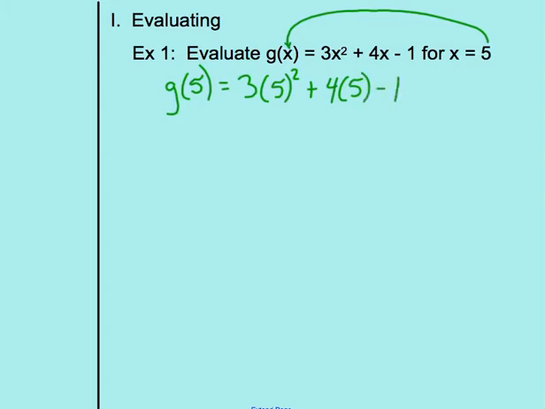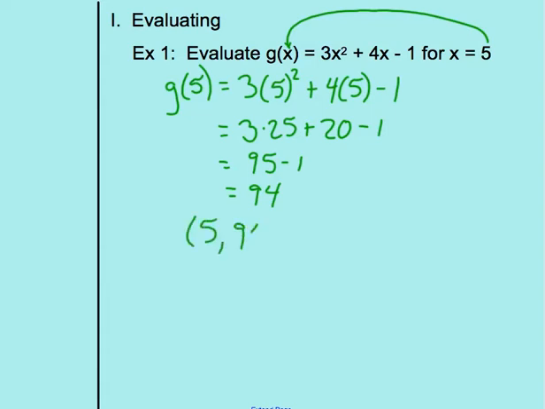So everywhere we see an x, we replace it with a 5. And then we evaluate. So we get 3 times 25 plus 20 minus 1. 75 plus 20 is 95. Minus 1 gives us 94. So the value of the g function at the x value of 5 is equal to 94. So if we wanted to write this as an ordered pair, x value, y value.